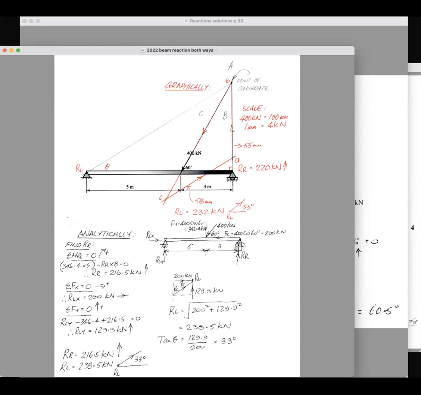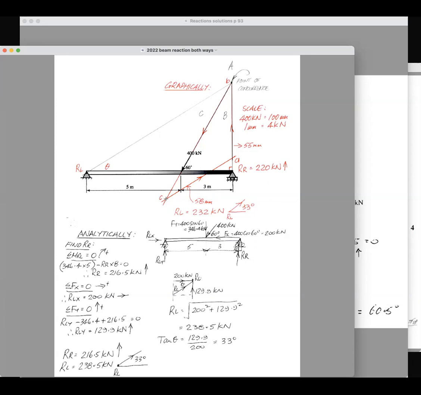And so it's got to go through B up there. And so the red is your force diagram. So using that scale, you measure this distance from there down to there, and that works out to be 55 millimeters. You multiply it by 4, and you've got 220 kilonewtons, which is pretty close to 216.5 kilonewtons.